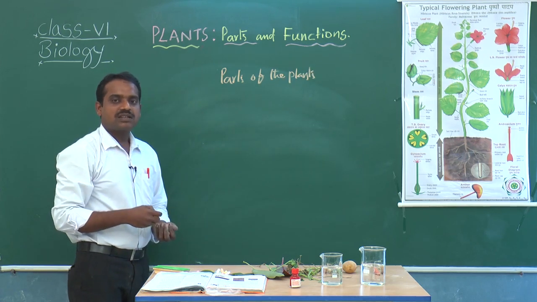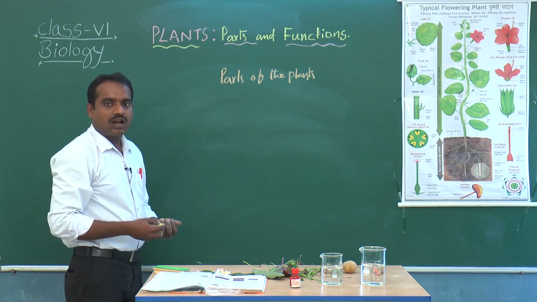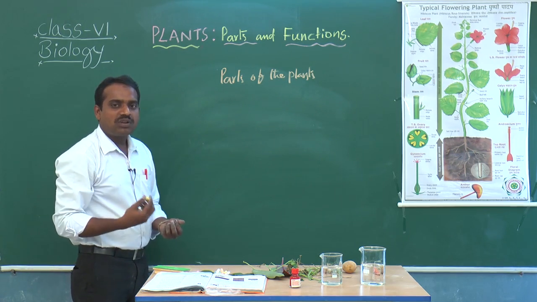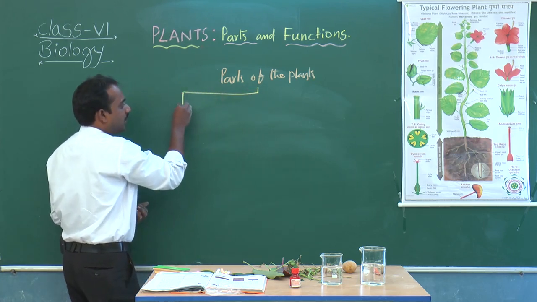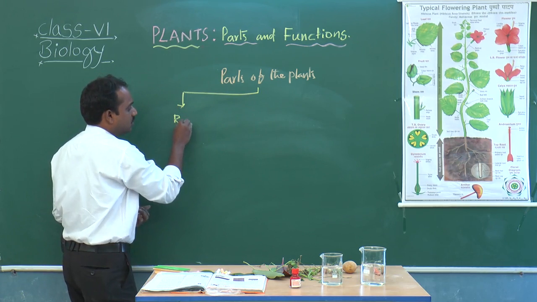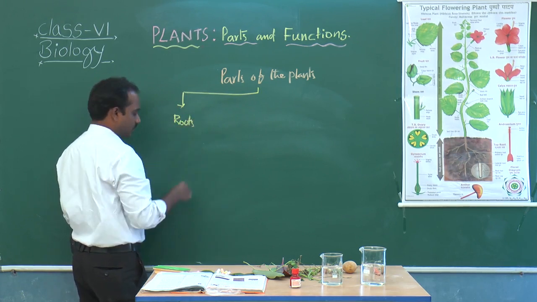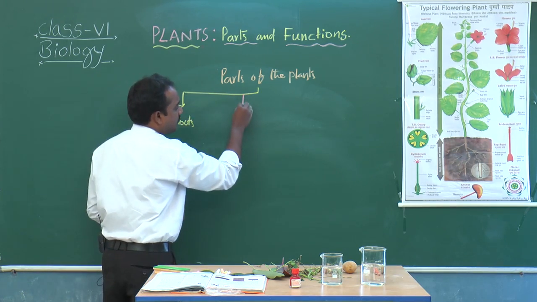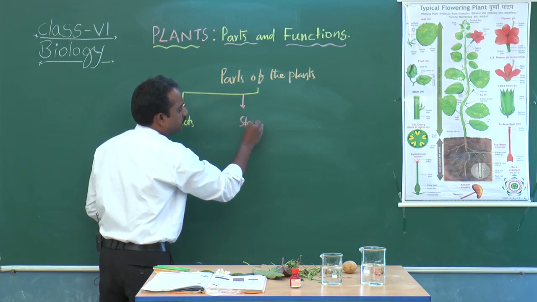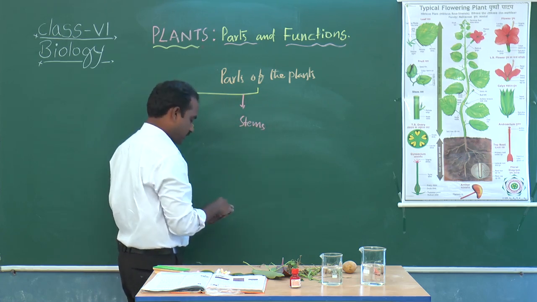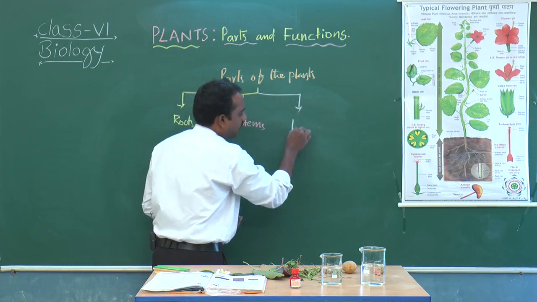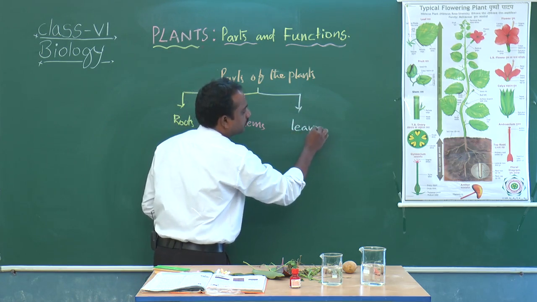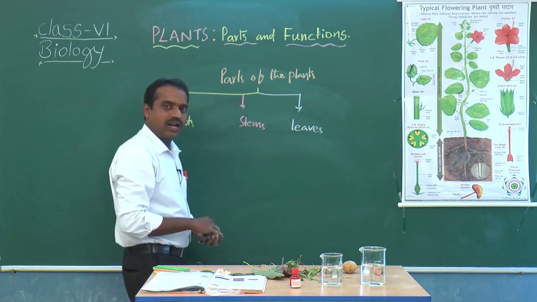Though the plants are different sizes, there are common parts in the plants. Each plant consists of the roots, stem, leaves and flowers.